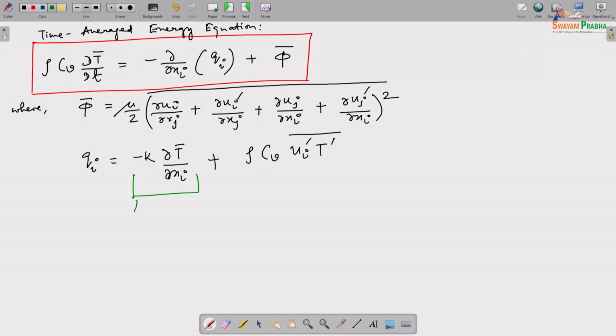If you look at this term as laminar and this term as turbulent, Q is nothing but flux. So I have introduced that. Essentially, this is what it means.